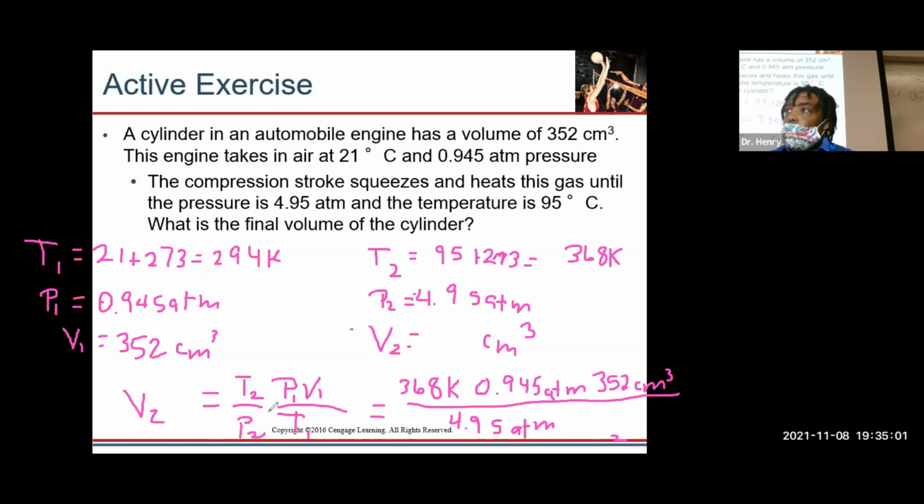And then our T1 is 294 Kelvin. So Kelvin cancels out, ATM cancels out, so my unit should be cubic centimeters.